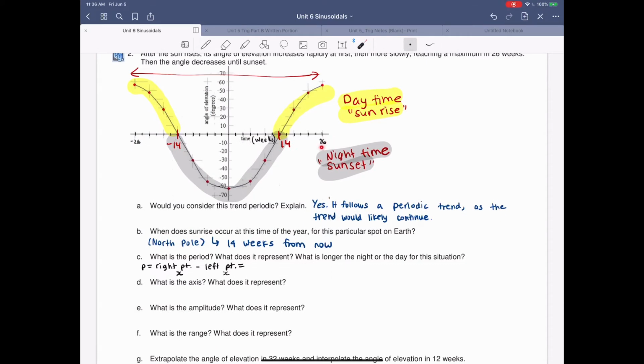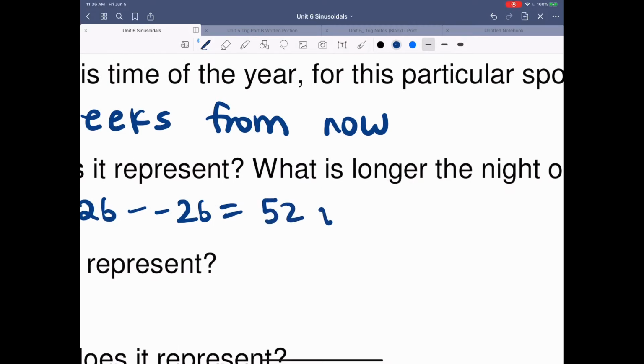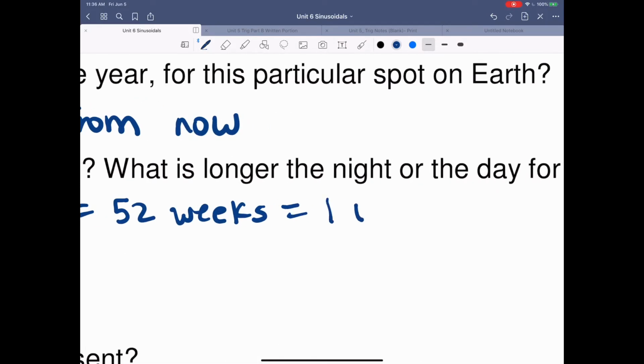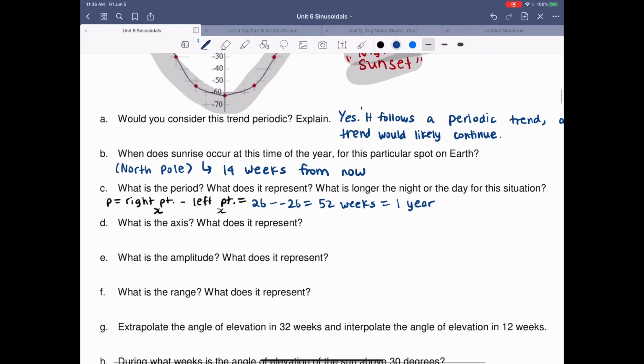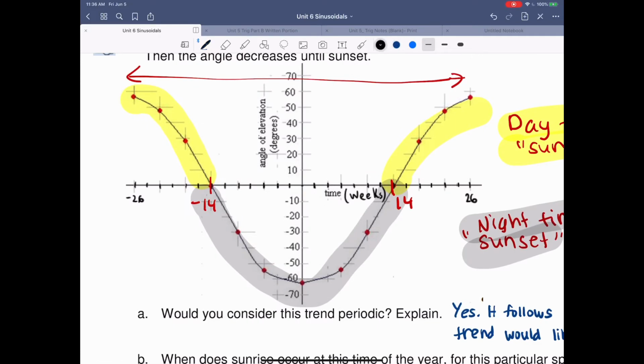So what I'm doing is I'm going to do 26 minus negative 26 to get the answer, which is equal to 52 weeks, which works out to be 1 year. So in total, my one period is equal to 1 year.